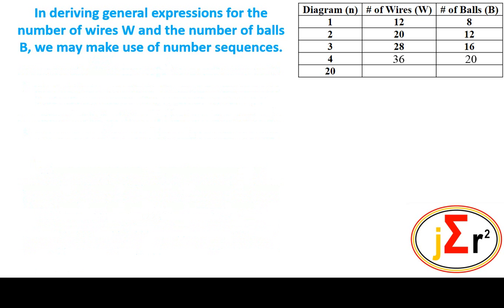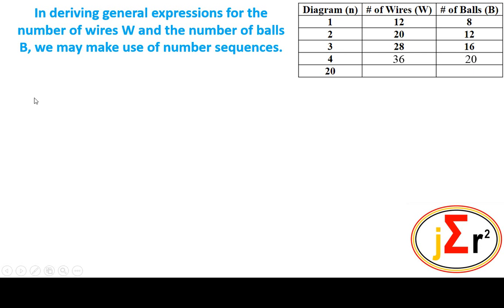In deriving the general expressions for the number of wires W and the number of balls B, we may make use of number sequences. We need a general expression for the number of wires. We also need a general expression for the number of balls.